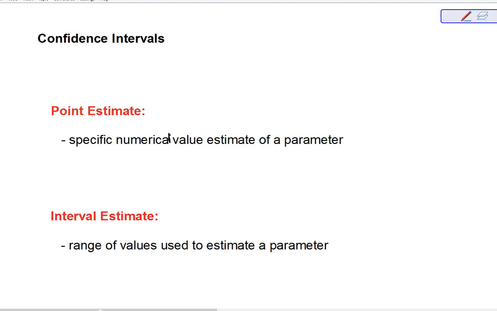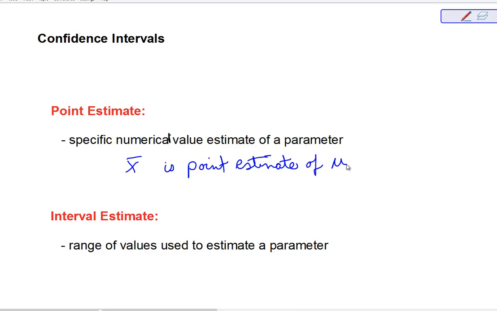So for example, the sample mean is the best point estimate of the population mean. So the sample value of whatever you're looking at is the best point estimate of the population value that you're looking at. Again, we're just looking at estimates on these.